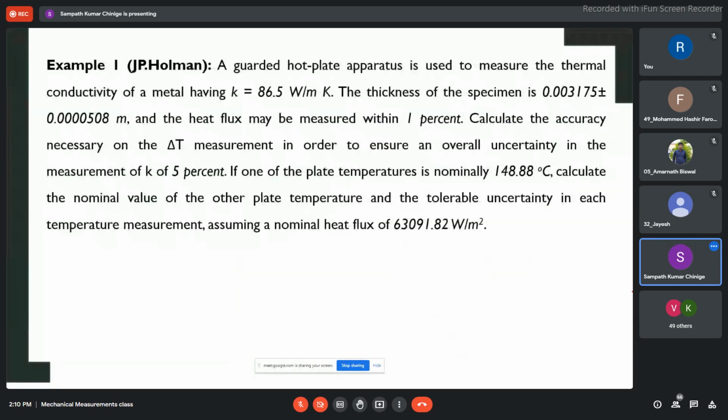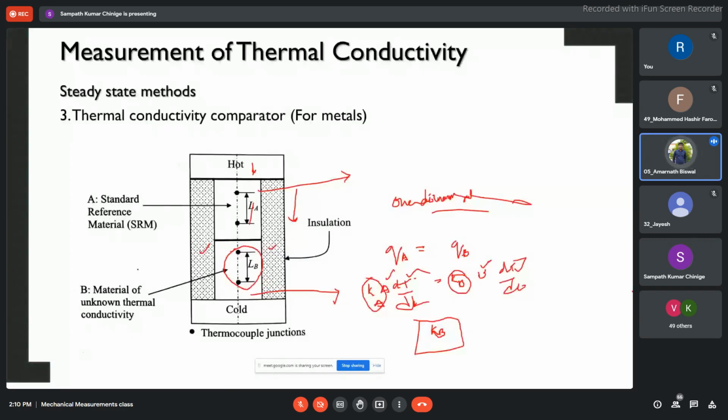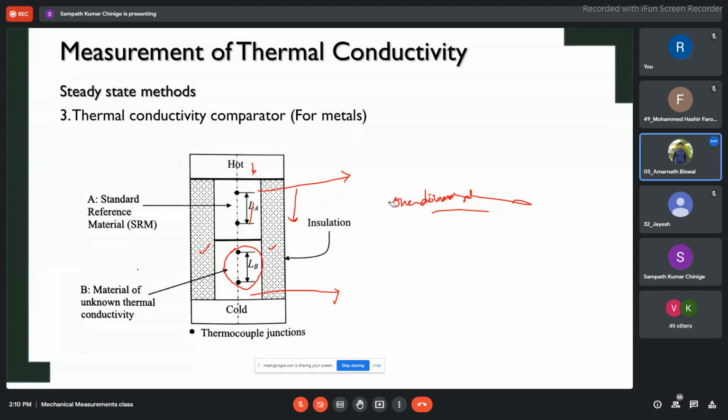Hello, sir. Can we do this experiment another way, sir? Yeah, how? Sir, we already have the standard reference material. From there, we will fix our hot and cold junctions first, without using the material of unknown conductivity. So we will fix our QA by fixing the hot and cold junctions.